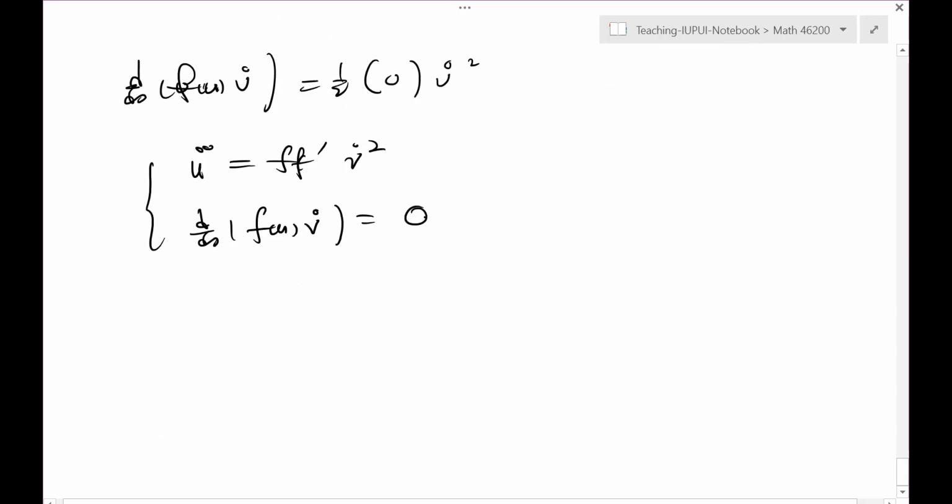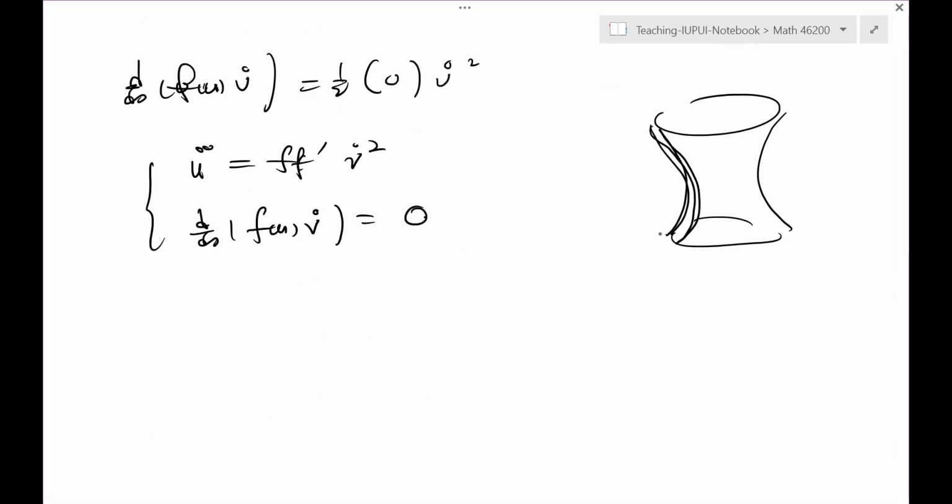And so those two equations describe the geodesics on the surface of revolution. I claim this curve is going to be a geodesic.